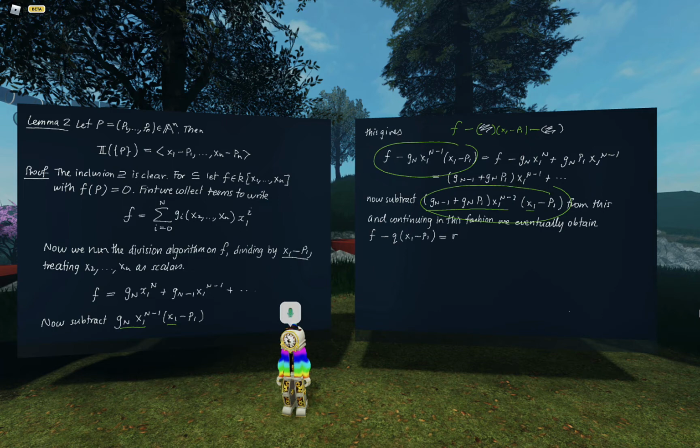Well, any power greater than or equal to 1 I can get rid of, because the thing I put here is just whatever I need to multiply x1 by to give the next power that I'm trying to cancel. So I can cancel out or subtract away anything with a power greater than or equal to 1, which means that what I'm left with must have no x1s in it at all.